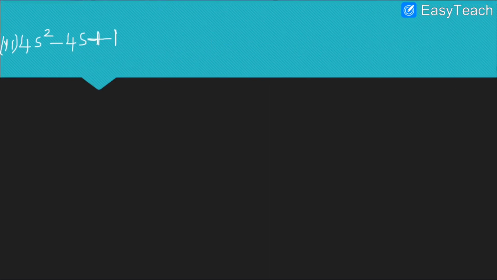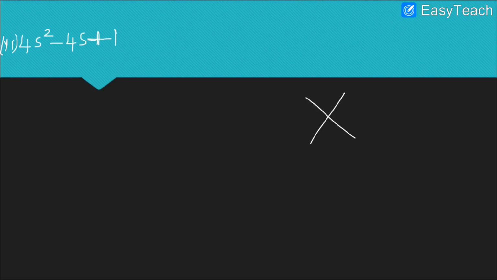So this is the second problem, 4s squared minus 4s plus 1, and we are going to find the zeros of the polynomial first, then the relationship between the zeros and the coefficients. Look at this problem here. We don't need to perform the cross method to find the zeros of the polynomial.